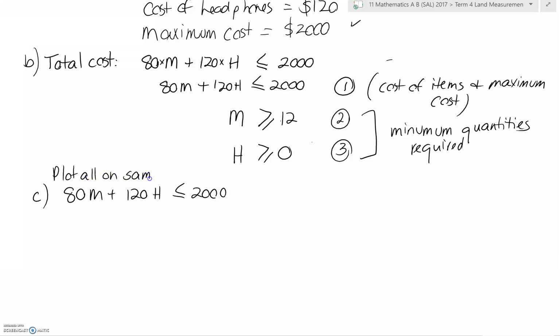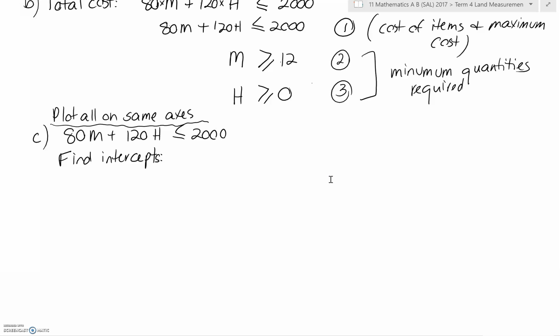Don't plot them separately, because if you do plot them separately, you're not going to be able to solve this problem. So I'm going to find the intercepts. I'm going to use the intercept method. It's actually probably more useful, so it's really important that you understand and can do that.